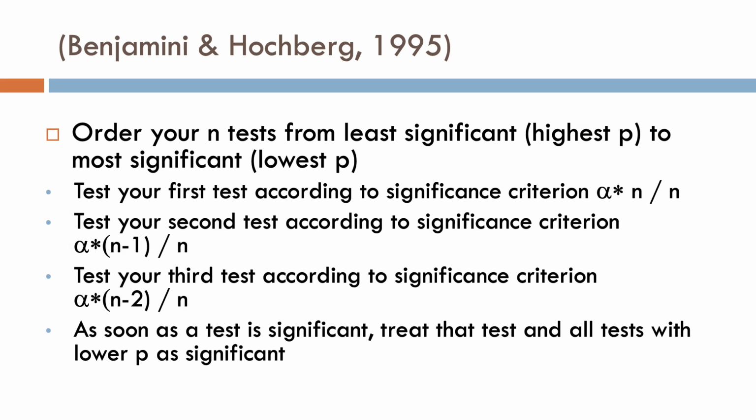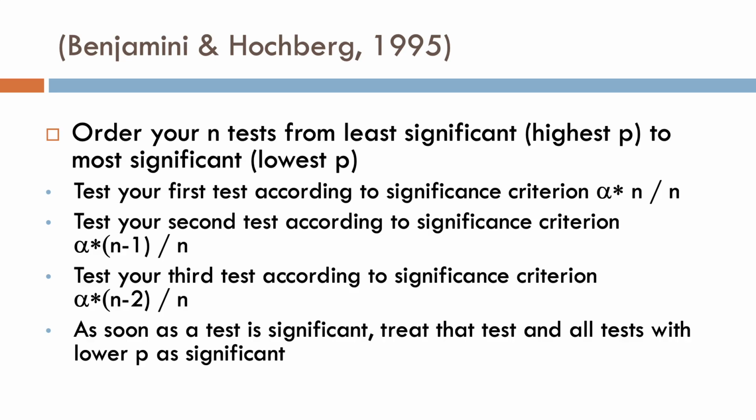The most widely used FDR paradigm post-hoc test is Benjamini and Hochberg 1995, where you order your n tests from least significant, highest p-value, to most significant, lowest p-value. You take your first test, the highest p, and you test it according to the significance criterion alpha times n divided by n, which just equals alpha, or 0.05.